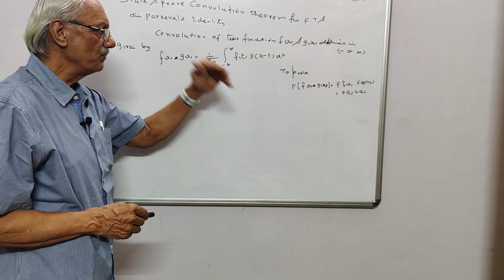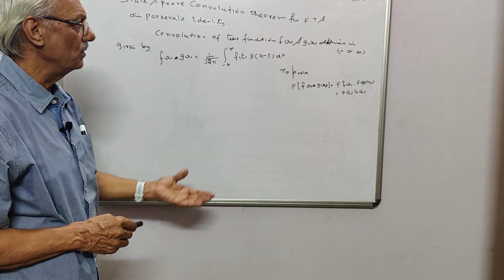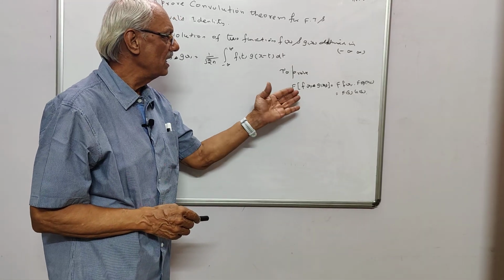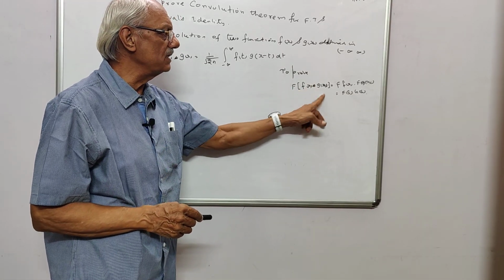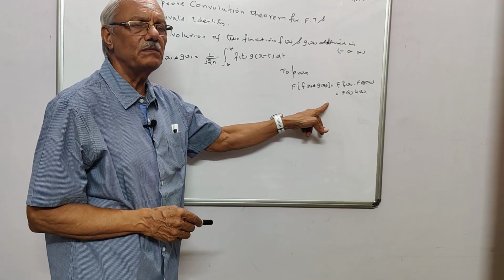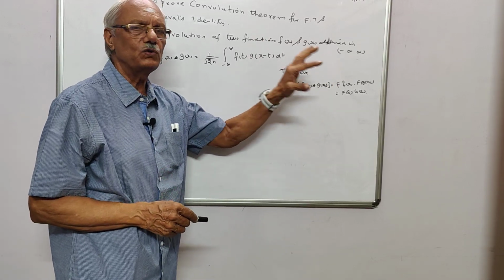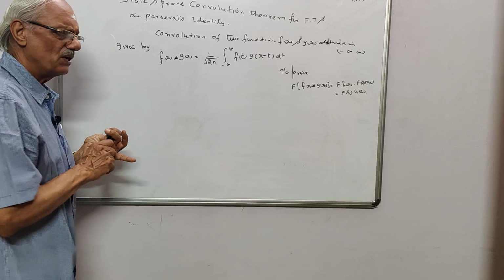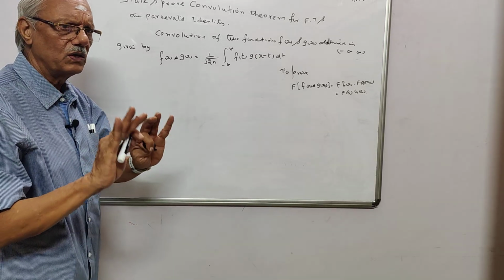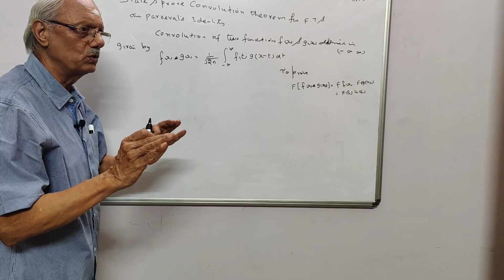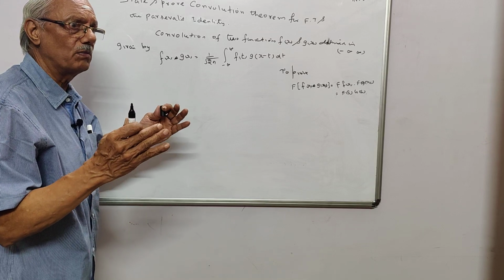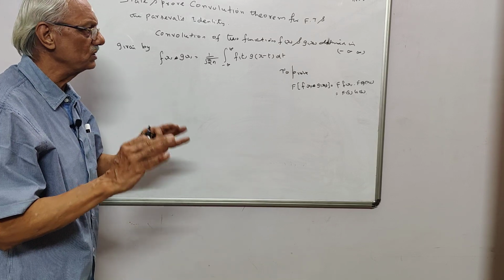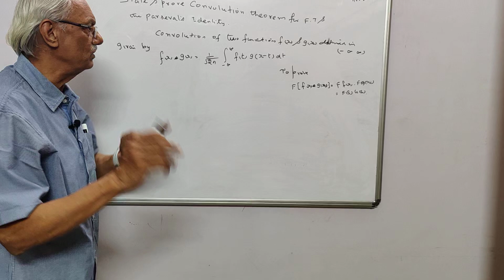Then the convolution theorem for Fourier transform states the above. This is the statement of the theorem and this is what we should prove. Now, it is very simple and straightforward. There is no need to keep things in your mind and get confused. Just straight application will get you the answer.